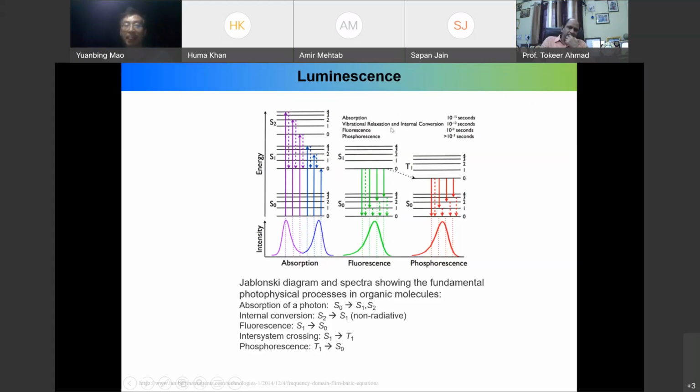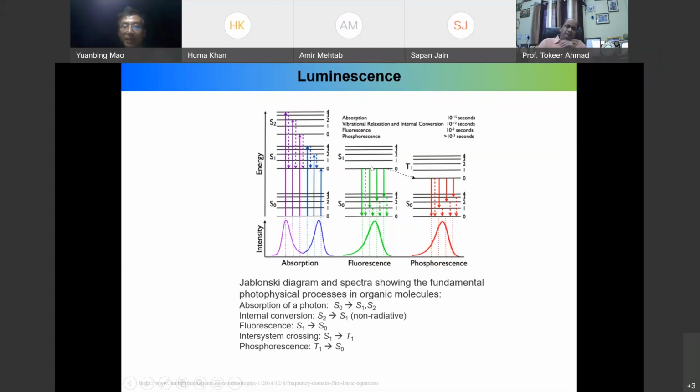Once that happens, as you see, the absorbed energy goes up there, and once some of the relaxation happens, the material will start to luminesce, and that gives the fluorescence.